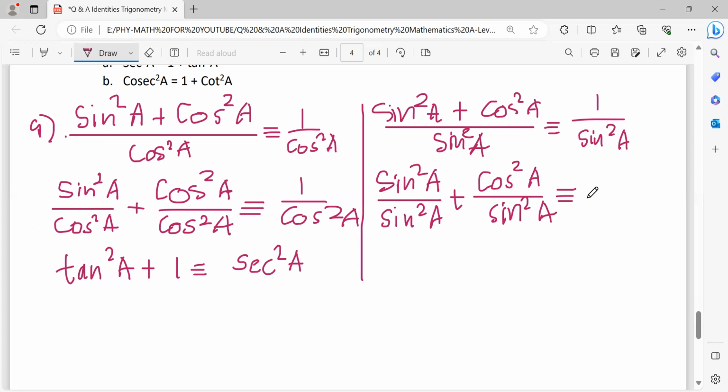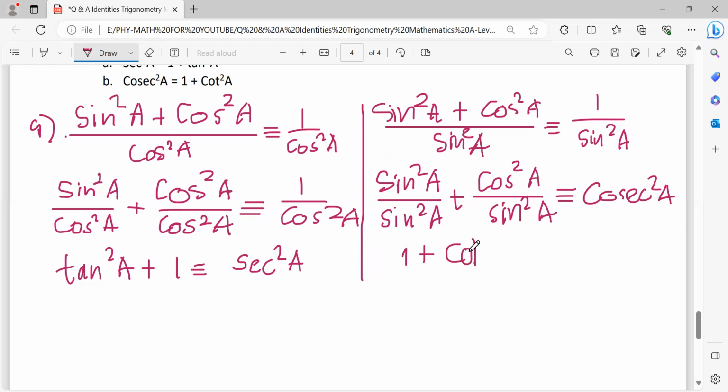And then next, this is 1 over sine equals cosecant. Cosecant squared A. And this is 1, because sine squared A over sine squared A. 1 plus cosine over sine equals cotangent.